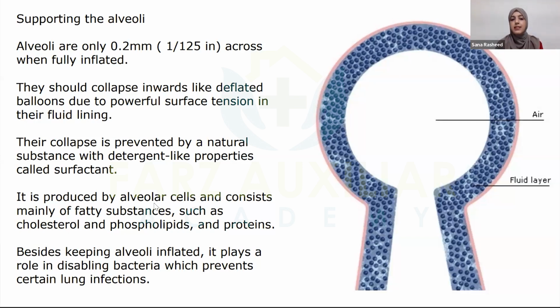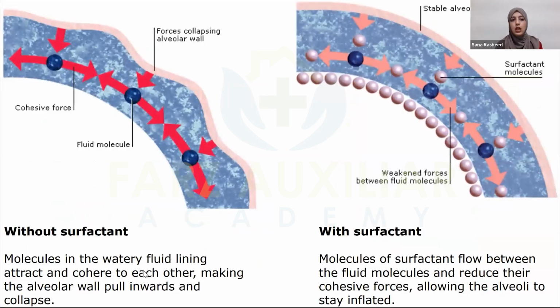It is produced by the alveolar cells and consists mainly of fatty substances such as cholesterol, phospholipids, and proteins. Besides keeping alveoli inflated, it plays a role in disabling bacteria, which prevents certain lung infections. So they have told us that this is the alveolar wall, which collapses in the absence of surfactant, and with surfactant, the wall gets stable.